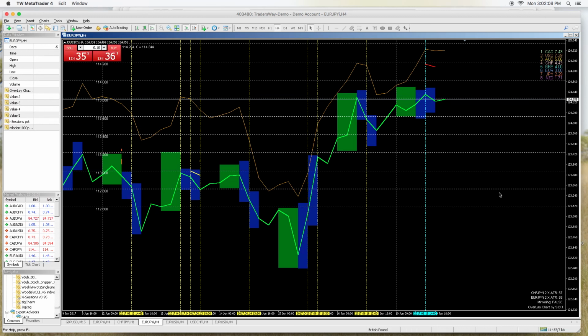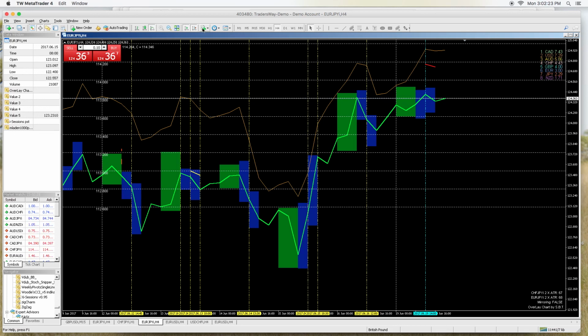But this gives us a general overview, so we can tell if there's a significant difference in whether we're getting higher highs or lower lows, and things like that.